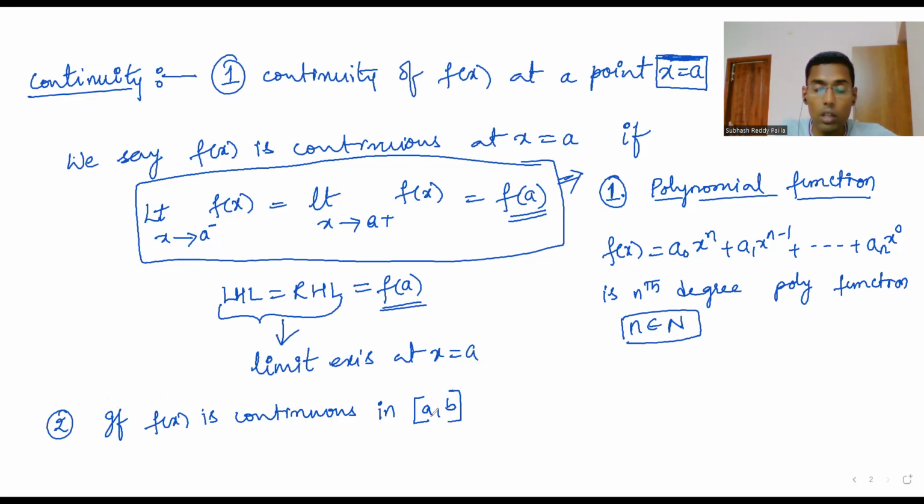Okay, we'll write domain first. I'll write it, just a minute. If f of x is continuous in its domain, I'll explain the domain. If f of x is continuous in its domain, then f of x is called a continuous function.